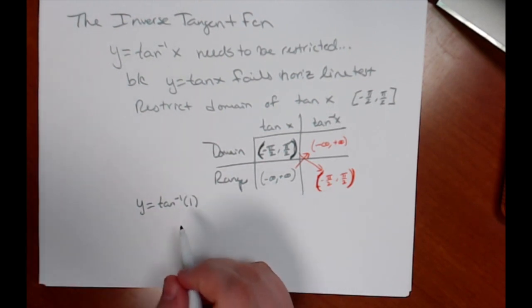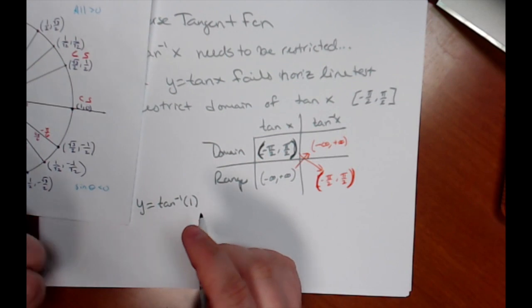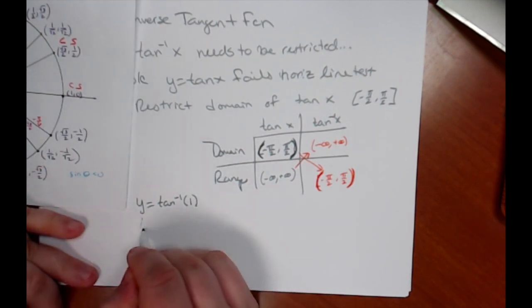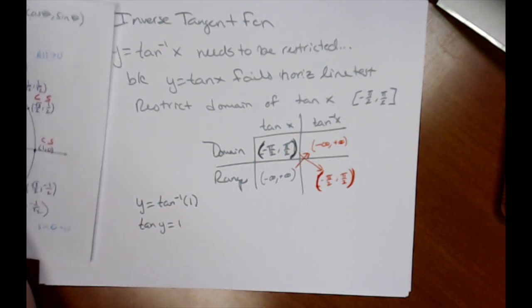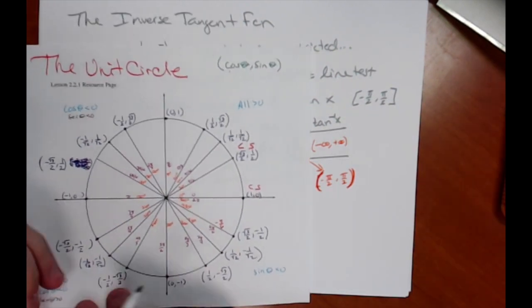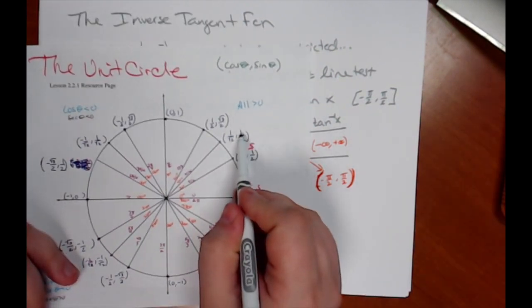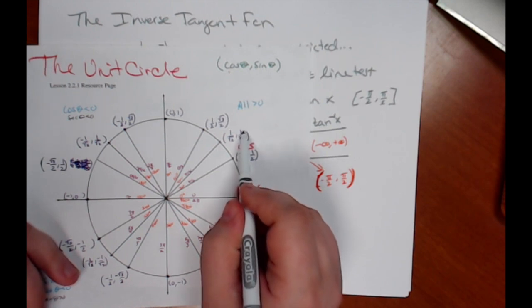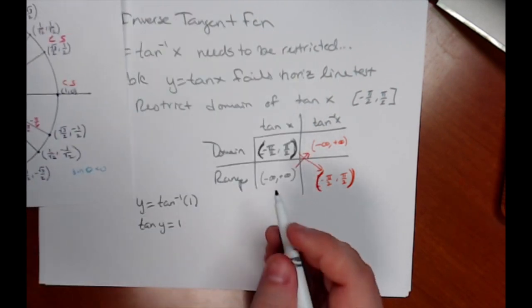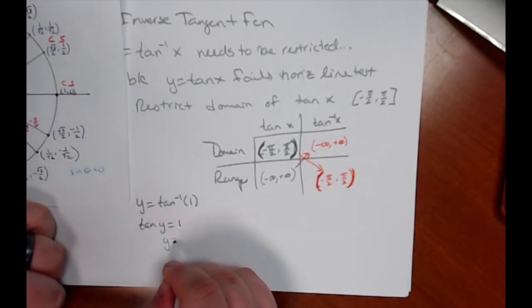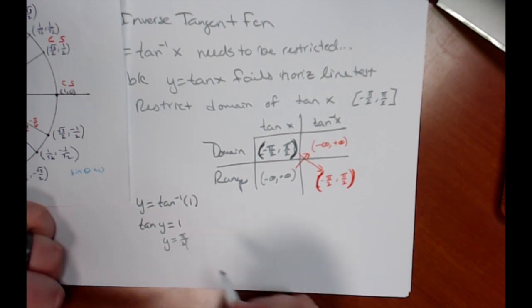So we want to know what angle y has tangent of y equals 1. So tangent is opposite over adjacent. So here we end up with sine over cosine, 1 over 1. So y is pi over 4.